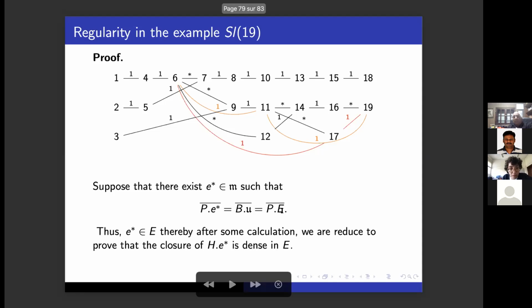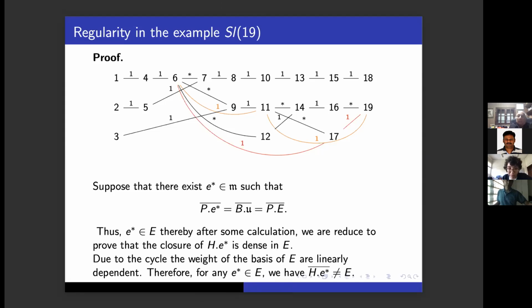So if E star is in E, after some calculation, we conclude that if I want to have this equality, I just need to prove that the closure of the Cartan action on E star is equal to big E. But no, it could not be equal, and this is due to the cycle.